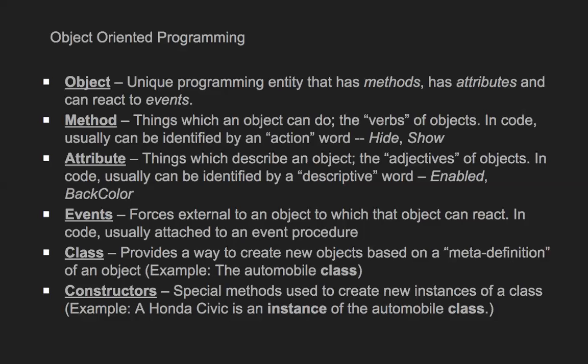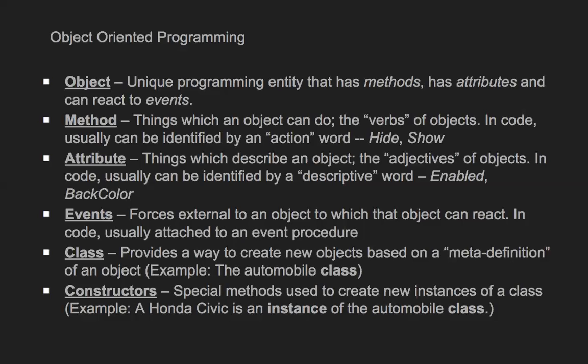Constructors are the special methods used to create a new instance of a class. The best example provided in the slide is that a Honda Civic is an instance of the automobile class. Car is the best example for Java. Whichever you take, it will give you very good clarity, where you can remember these concepts till your life ends.